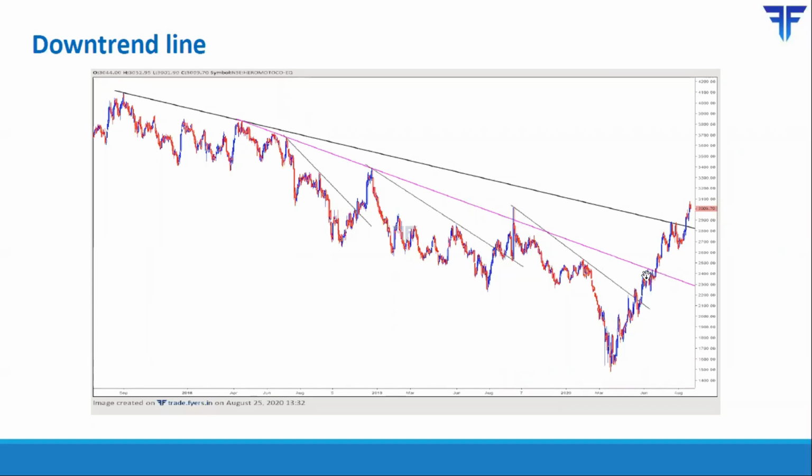However, after taking minor hurdles at this point, it was eventually broken, which indicated that the intermediate trend has turned upwards. And finally, at this point, after taking resistance for a few weeks, price managed to break above the main trend line also, which indicated that the main trend line has turned higher.